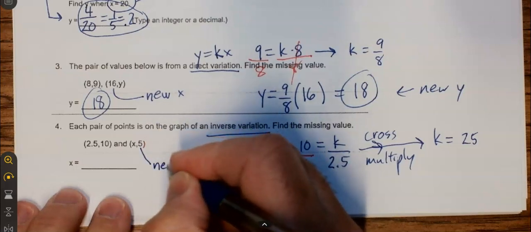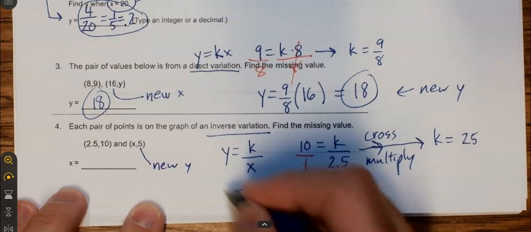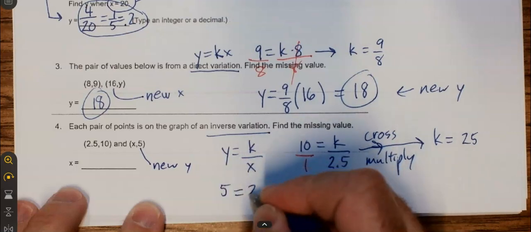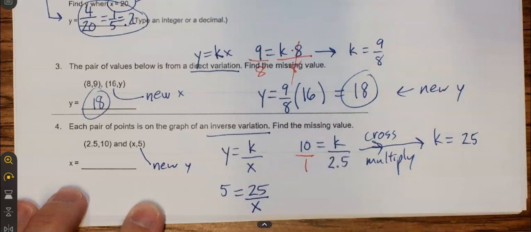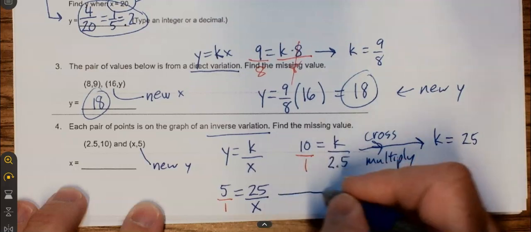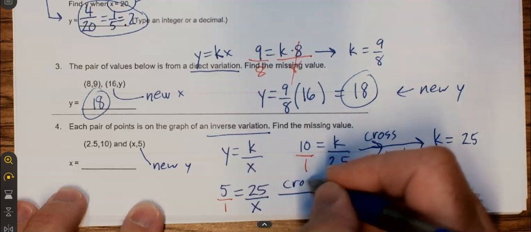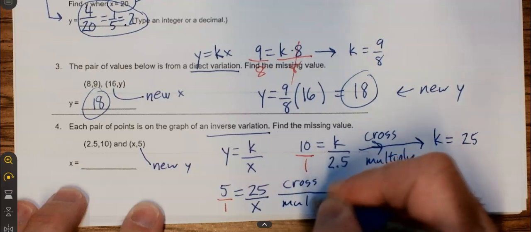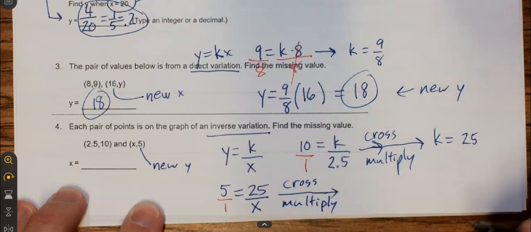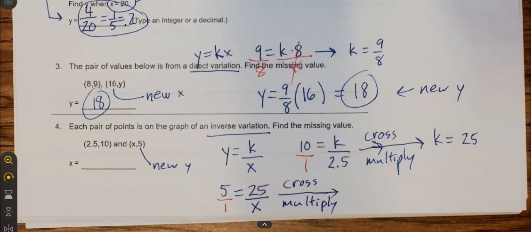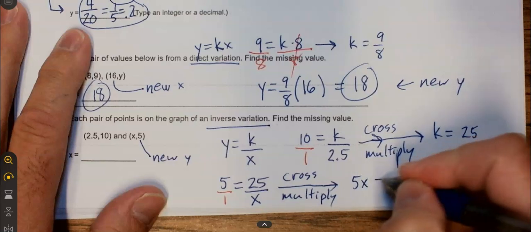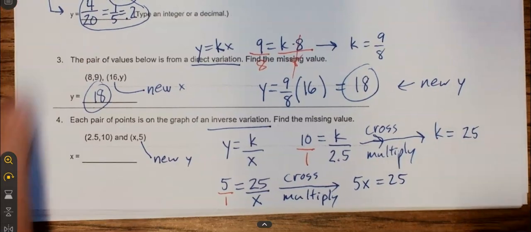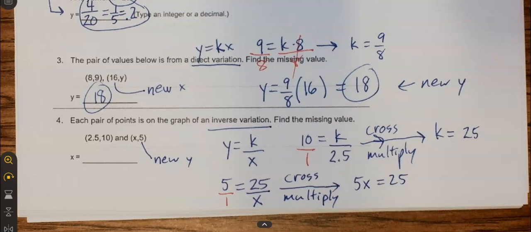We have a new y value of 5. We've got a k value of 25. We do not know the x value. Once again, it's time to cross multiply. 5x equals 25.